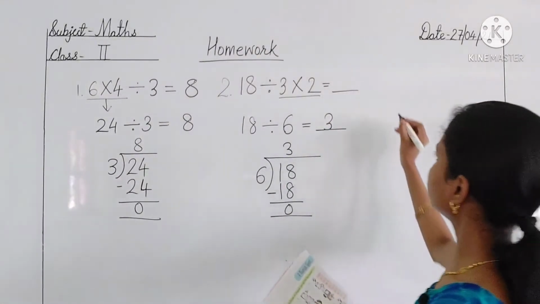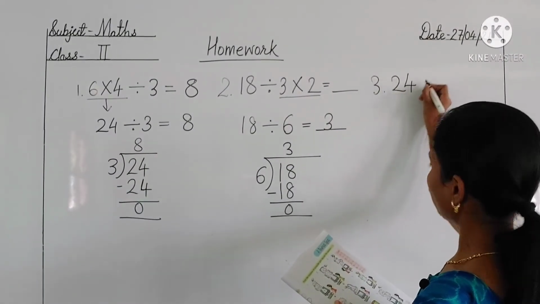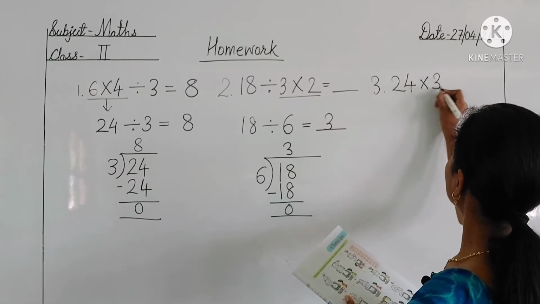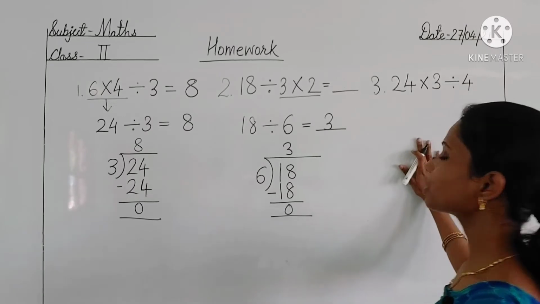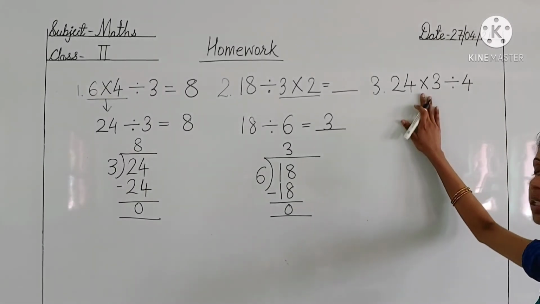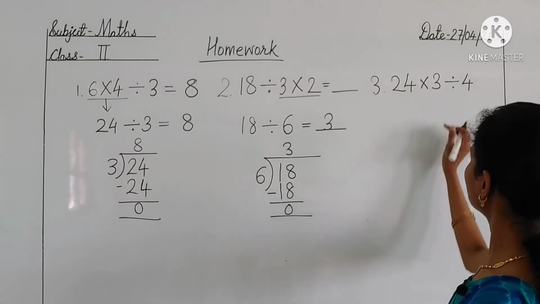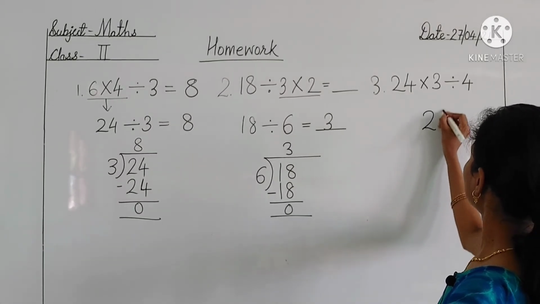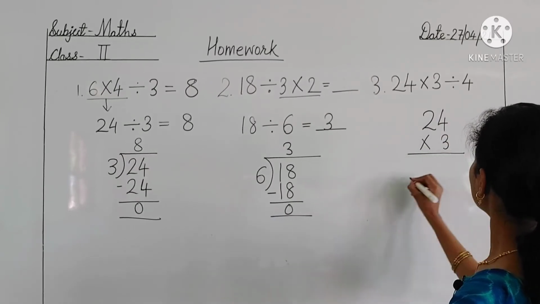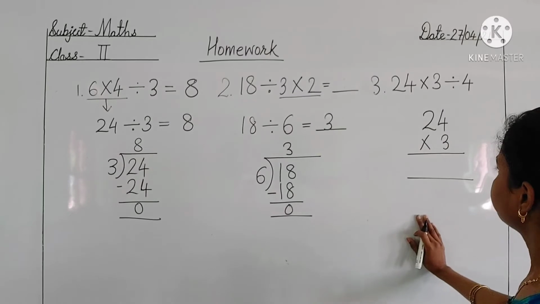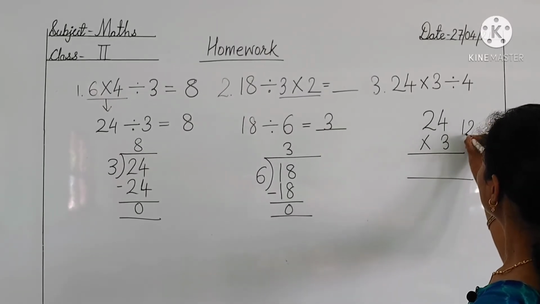Let's do the next one, third one. What is given here? 24 into 3 divided by 4. So first we will do division or multiplication? So first we will do multiplication. So let's do the multiplication here. 24 into 3. Okay. 4 3s are 12. 1 2 12.